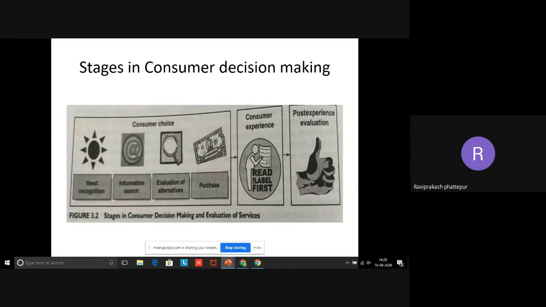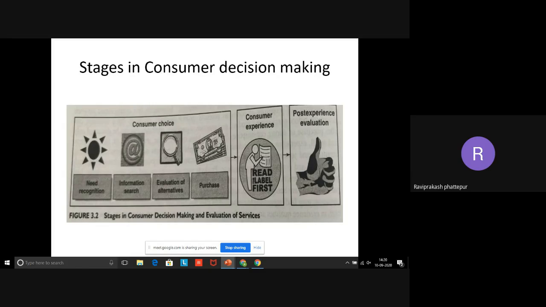All these things you evaluate and you tell that particular person based on your experience. So here post experience evaluation is very important. Why? Because you are going to suggest to someone whether to buy this particular product or not based on your experience. So I hope you understood this.